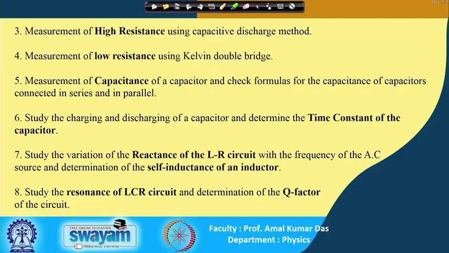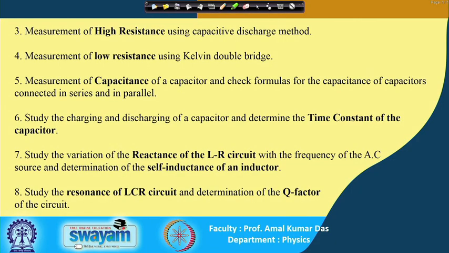Next experiment we will do is the variation of the reactance of the LR circuit. Reactance is basically equivalent to resistance: resistance of the LR circuit, LC circuit. Reactance, impedance, resistance are equivalent terms, depending on the combination of the circuit, whether it is only R, whether it is LR, whether it is LCR.